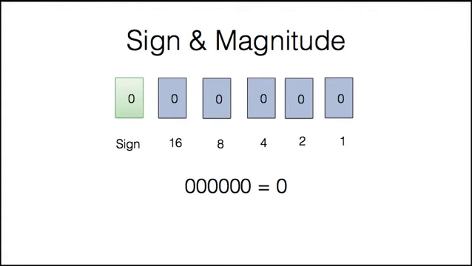Here, 00000 with a 0 in front of it is positive 0, and 00000 with a 1 in front of it is minus 0, which is 0. Now that's not particularly attractive. Having two ways to represent 0 isn't especially attractive, but it's not the end of the world. Obviously there's no difference between positive 0 and negative 0.